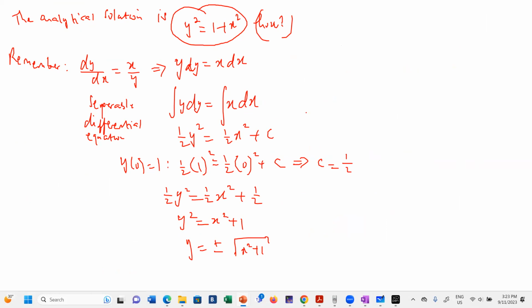So y is plus or minus the square root of this.